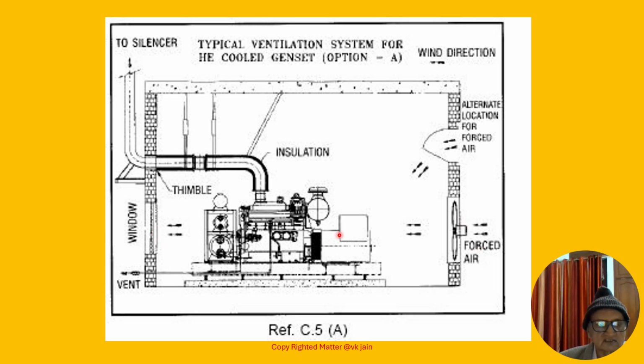So this creates a forced ventilation system. It also shows an alternative location for the forced air. This comes like this. The remaining is exhaust gas through the silencer to the stack structure.